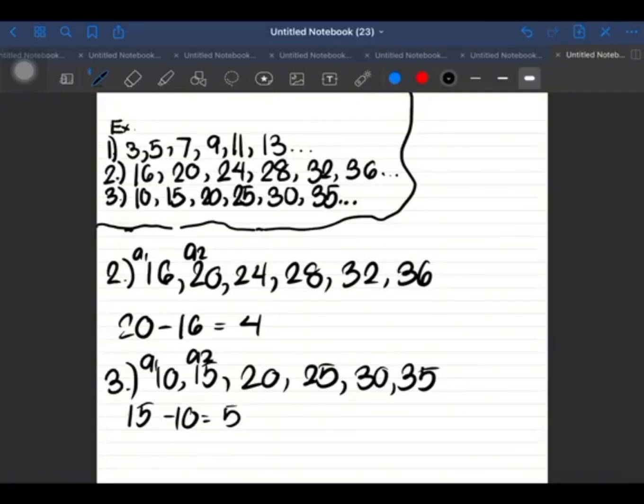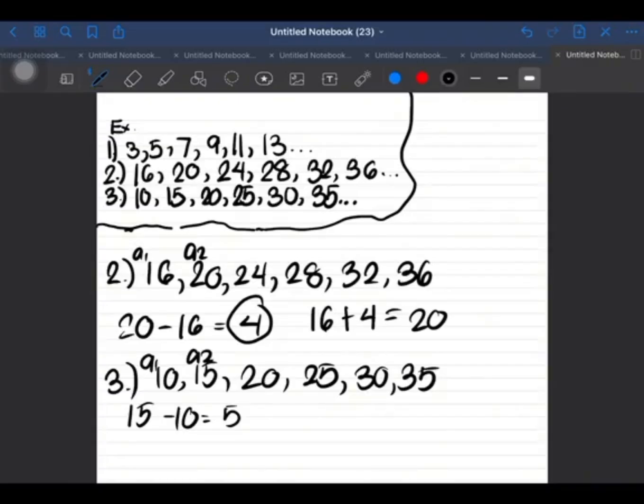Now let's check if our answers are right. In number 2, we start with 16 and add our common difference, which we have now solved. Our common difference in number 2 is 4. So 16 plus 4 is equal to 20.